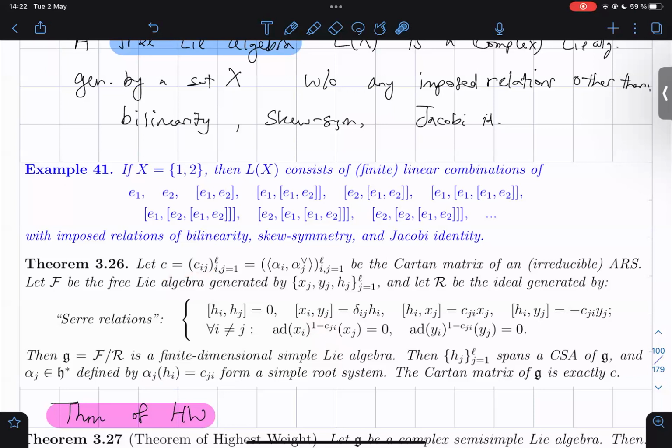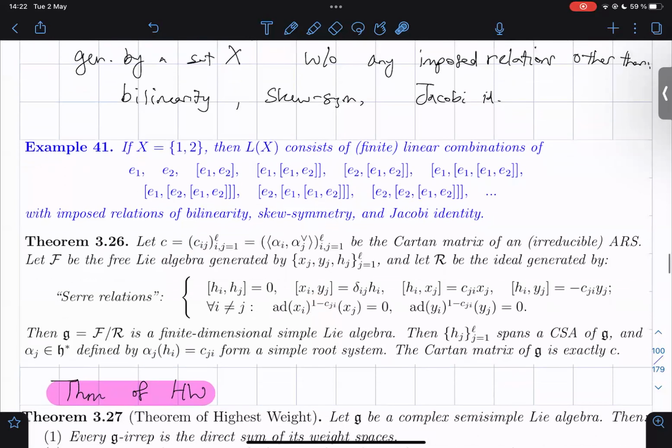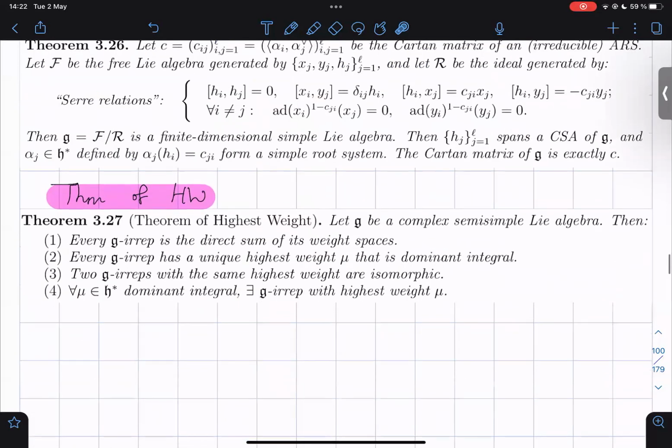It's a remarkable result that basically closes that circle of ideas. We started out with a semi-simple Lie algebra, got to a Cartan matrix modulo some choices, but this allows you to reconstruct that original simple Lie algebra. A nice, beautiful result of Serre.